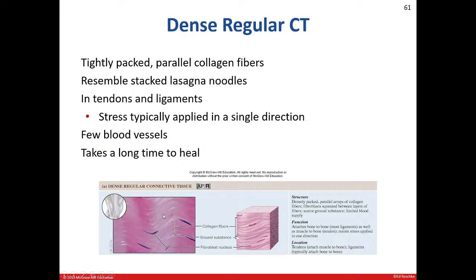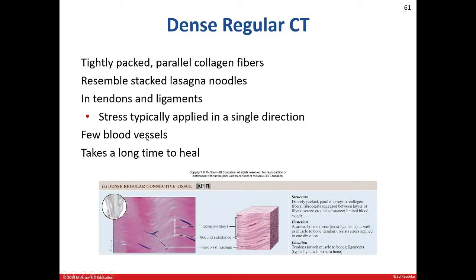The protein is packed densely, and the fibers are following a regular repeating pattern. Okay. They're all parallel. They're all running in the same direction. And you're going to find this in tendons and ligaments. Stress is typically applied in a single direction in the tendons and ligaments.